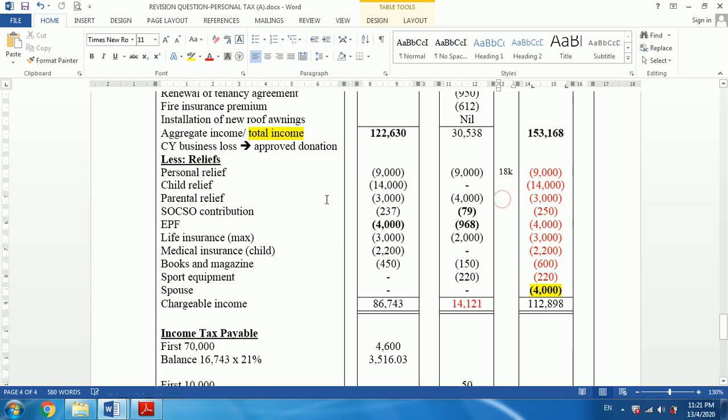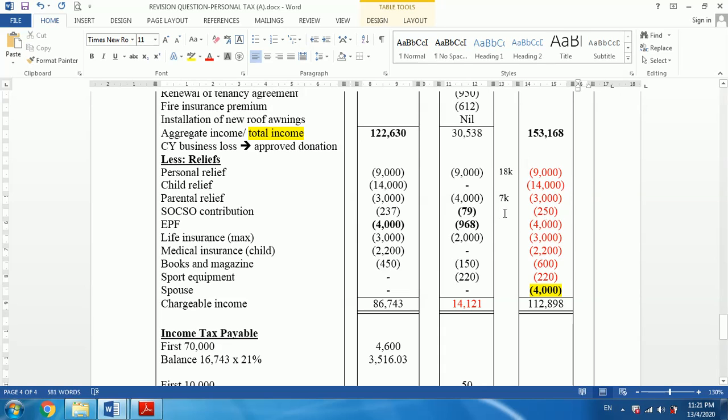Second one, if you notice, is the parental relief. Ken claimed 3,000, Natalie claimed 4,000, so together they have claimed a total of 7,000 parental relief or medical expenses on parents. But under joint, only Ken's parent is entitled, so only 3,000 is given. So this is another difference.